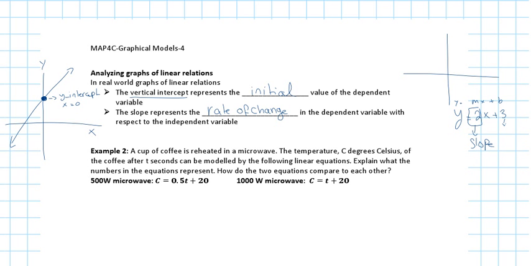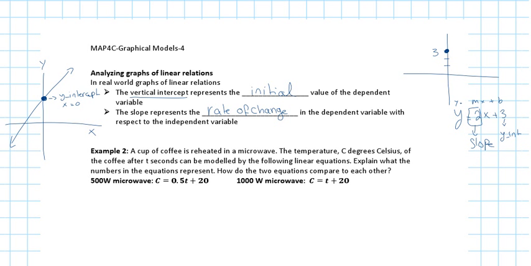Now, if I'm graphing this, I'm going to start from the y-intercept. My y-intercept is at 3, so I go 1, 2, 3, and this is where my y-intercept is. The slope says it's 2, and slope is rise over run.